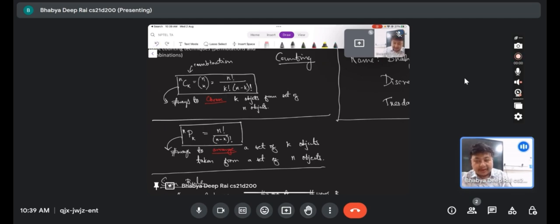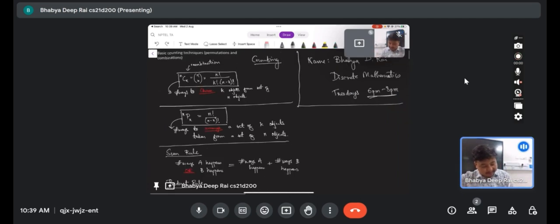How this formula comes about I will not address; you can look at the week one lecture videos. But what it essentially means is: I have a set of n objects, and from them I'm picking k objects. What I'm asking is how many ways there are to pick those objects.